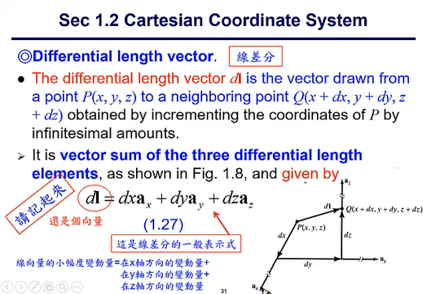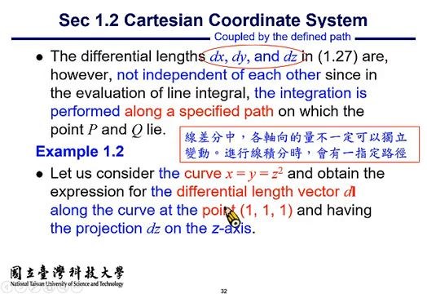And then the differential length dl describes the vector starting from P to Q, and the projections of dl on the 3 coordinates shall be dx, dy, and dz. So that's the principal idea of differential length.